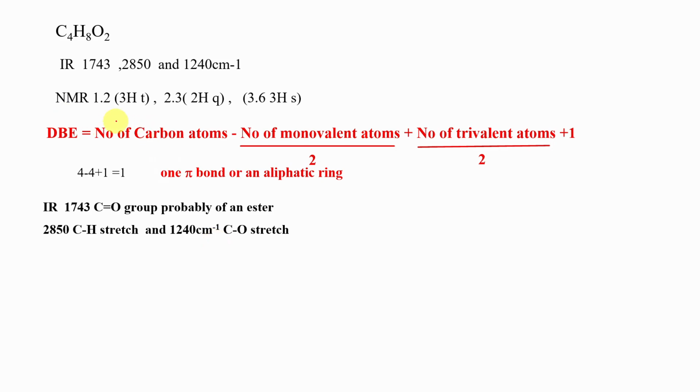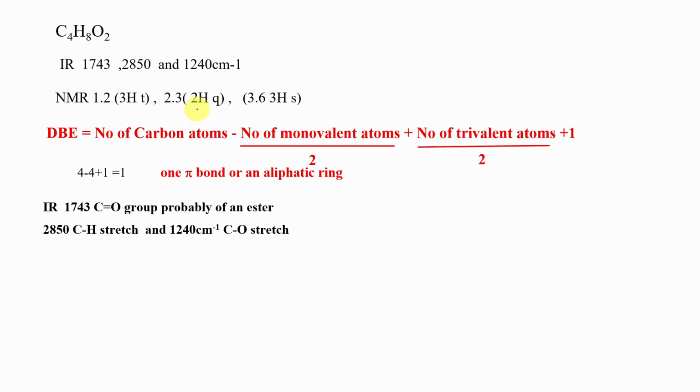Then see the NMR values. The molecule gives the NMR values as 1.2, 3 hydrogen triplet; 2.3, 2 hydrogen quartet; and 3.6, 3 hydrogen singlet. A 3 hydrogen triplet indicates a CH3 group directly attached to a CH2 group.